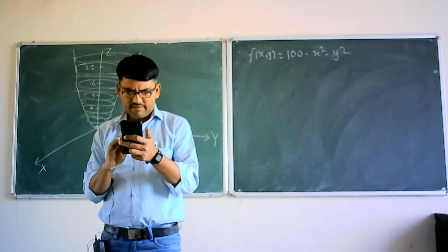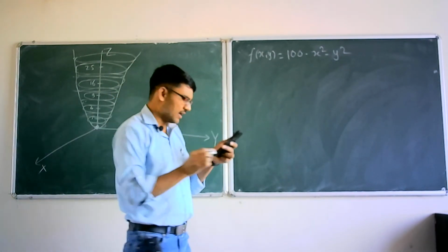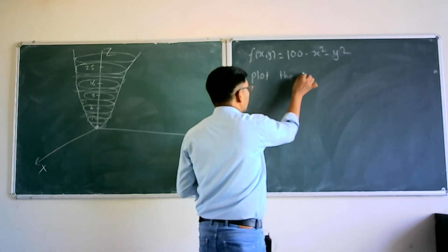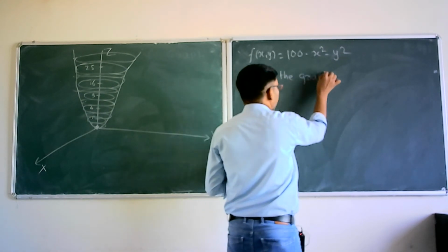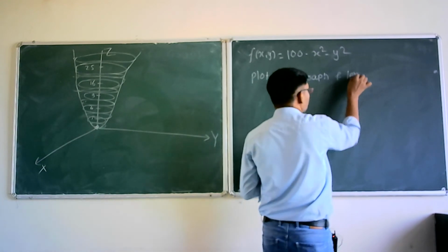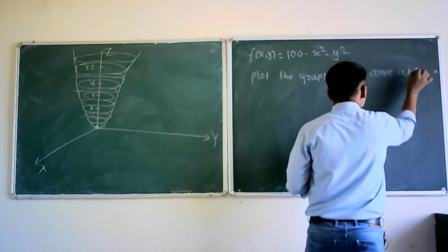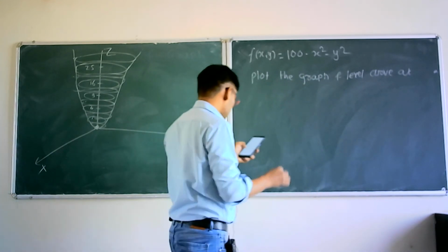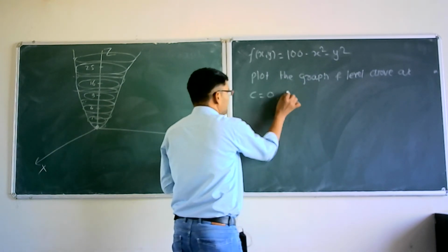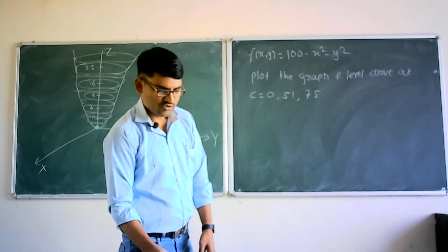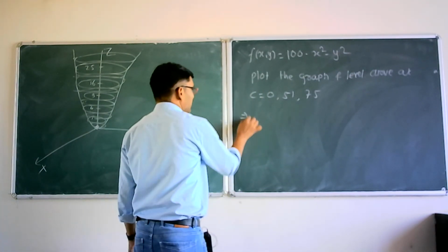Then plot the graph and level curves at c is equal to 0, c is equal to 51 and c is equal to 75. So we want to draw the level curve at these values.